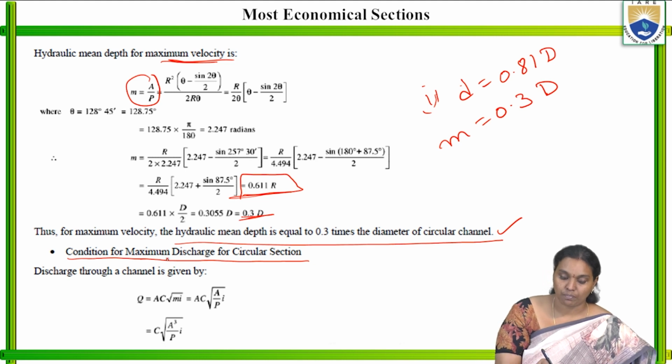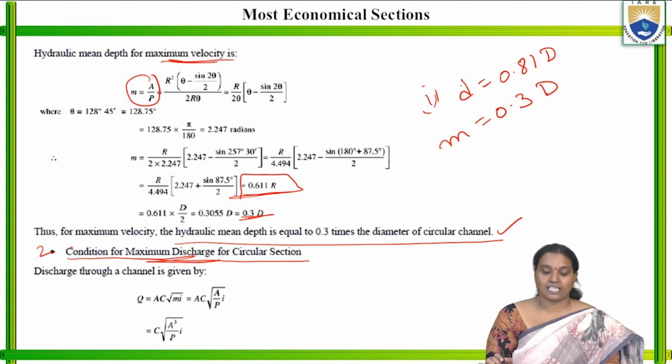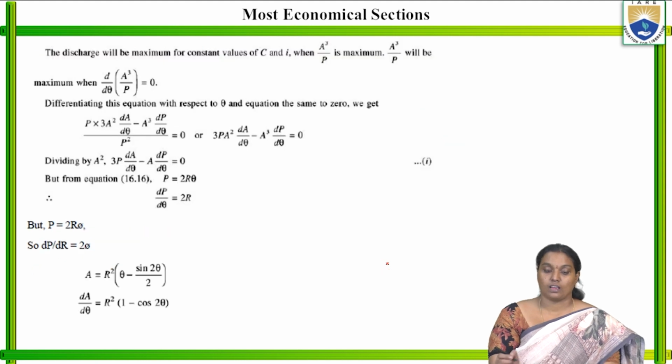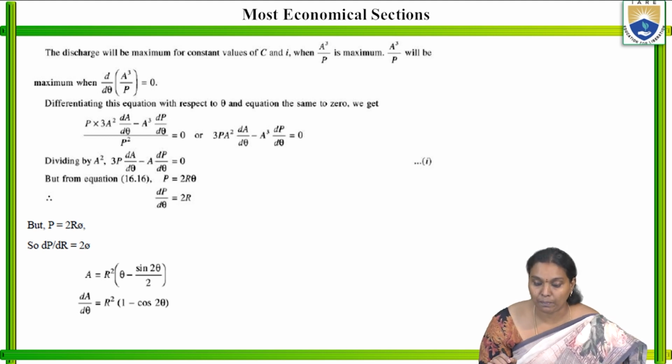Now coming to the maximum discharge, the second condition. Q is equal to Chezy's formula, C root mi. In this, the discharge will be maximum for constant values of C and i when A to the power of 3 by P is maximum.